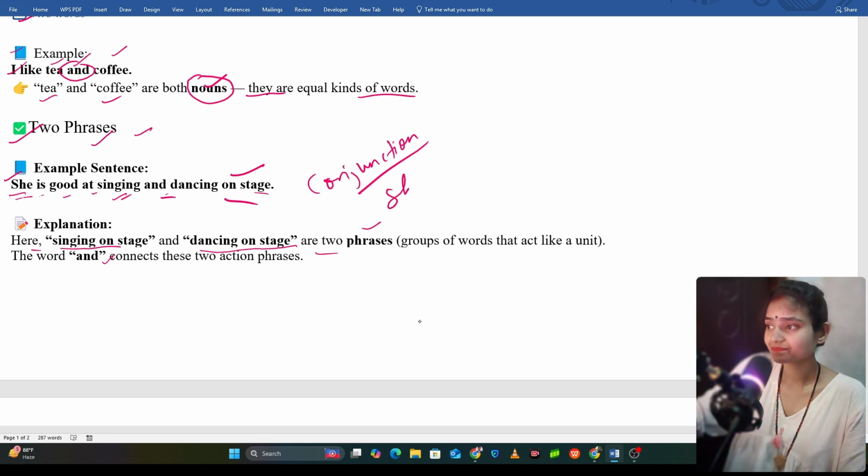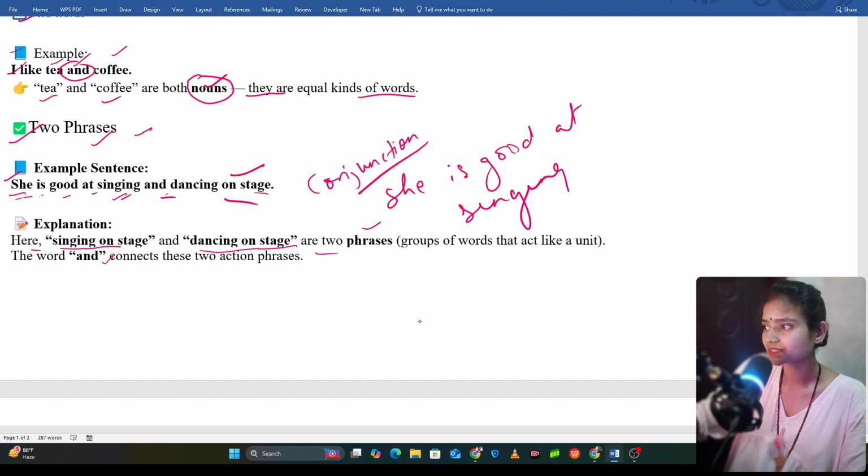If I say that she is, okay, she is good at singing. Okay, she is good at singing. And also I may write she is good at dancing.